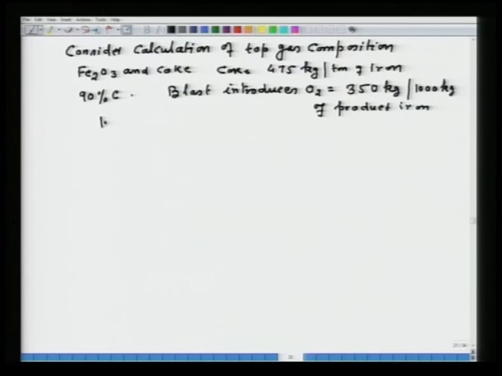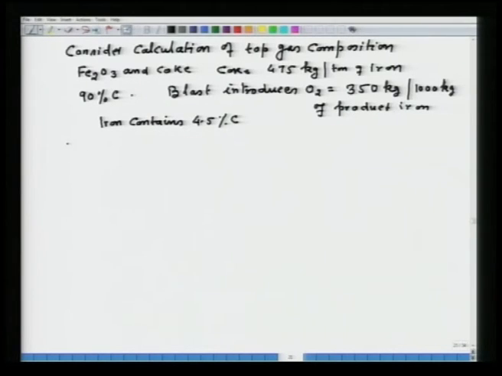And pig iron contains 4.5% of carbon. Now, let us use this equation. Earlier we did a material balance, now let us use this equation to find the solution.